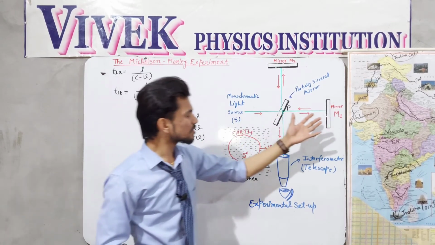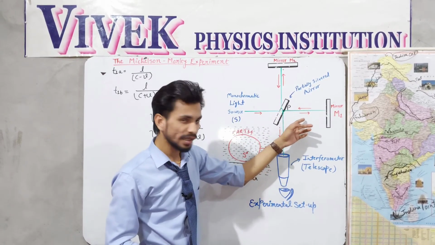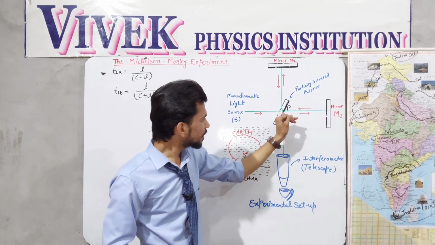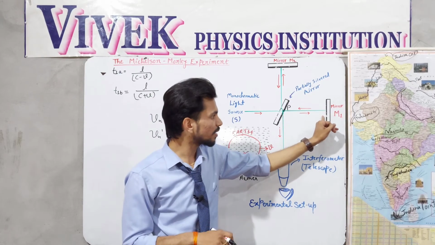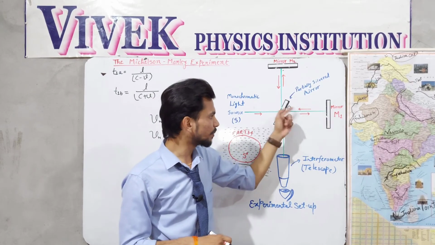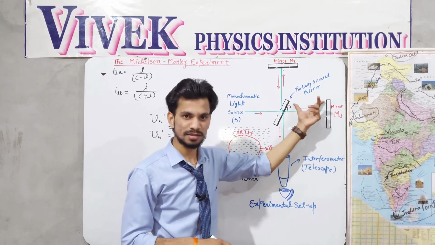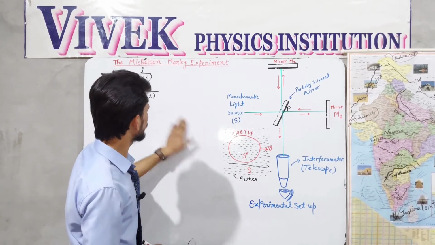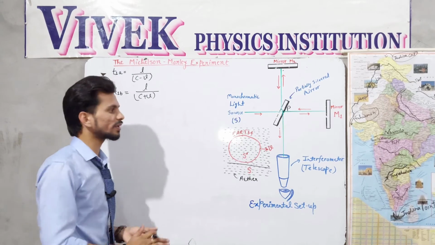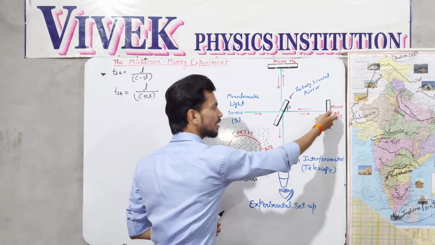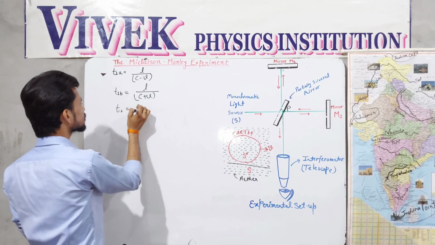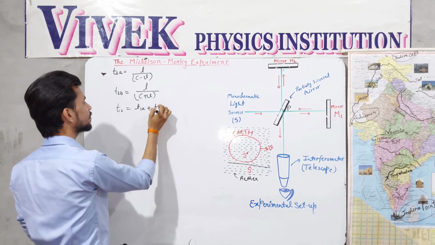You can also see that the length traveled by the light from point P to M1 will be the same as that from M1 to P, because this length is L. So I have taken the same length here and here. Now the total time taken by the ray reaching point M1 and reflecting back at point P will be T1 equals T1a plus T1b.